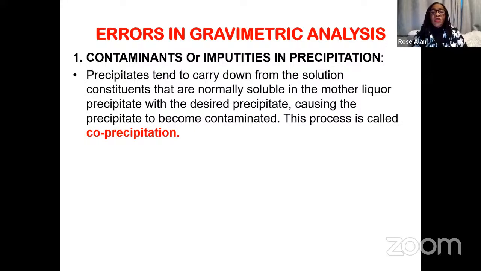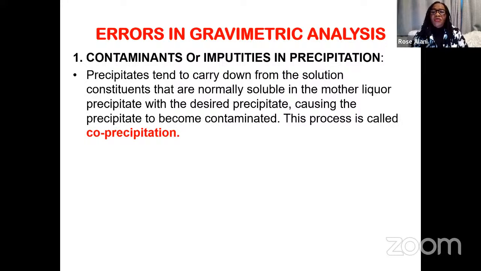Okay. So in this case, the precipitates tend to carry impurities from the solution. Impurities are able to go into solution and sometimes precipitate also. So the precipitate of the analytes that we need is also able to carry some other precipitates that are not what we desire.